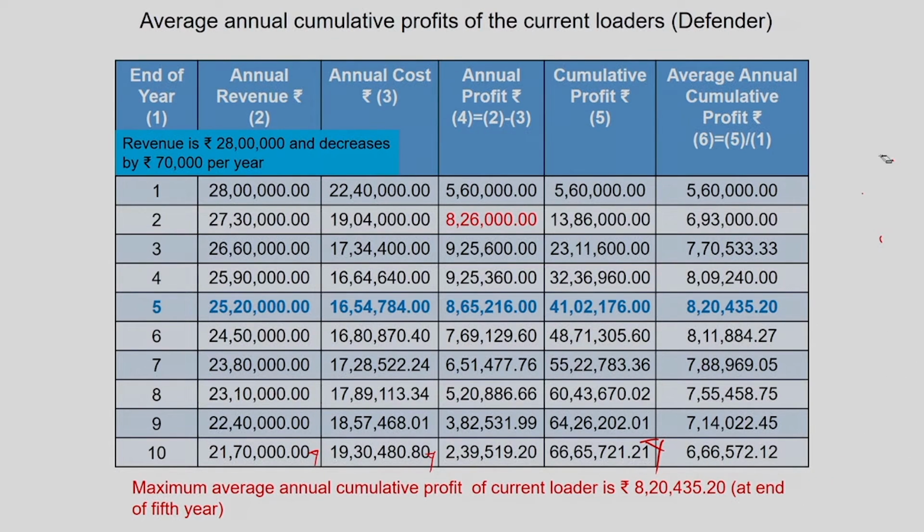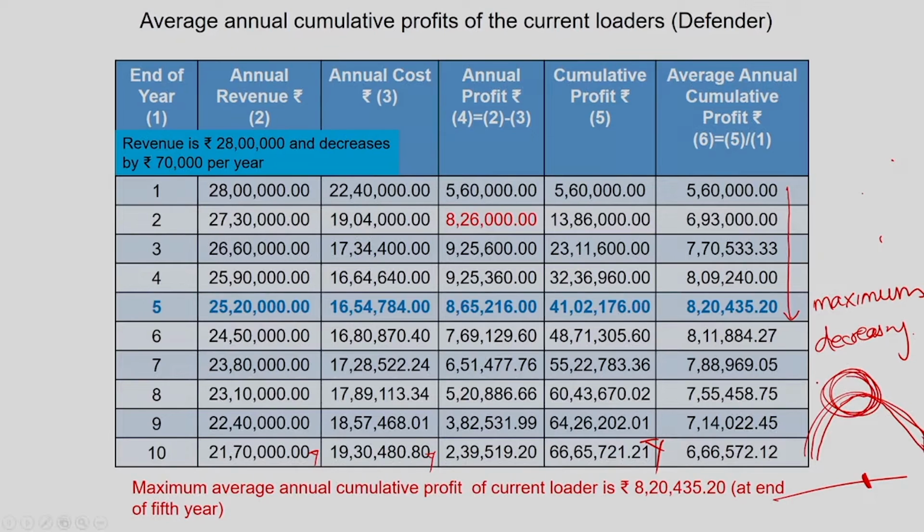Here also you can see a kind of parabolic trend. Initially the profit is low, then the profit is increasing, and it reaches a maximum point here. After that it starts decreasing. So, you are getting a trend like this. Now you can find the time period during which your profit is maximum, that is your economic life.